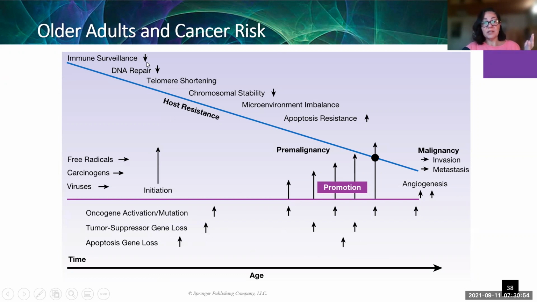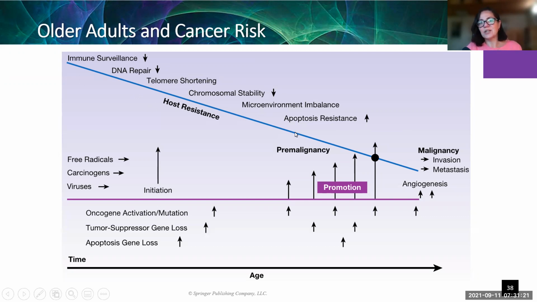Then up here, what we're looking at is our own body's ability to control that kind of growth through things like activity of our lymphocytes. So our ability to fix things, to fight off, not infection, but growth of these inappropriately growing cells, that decreases.